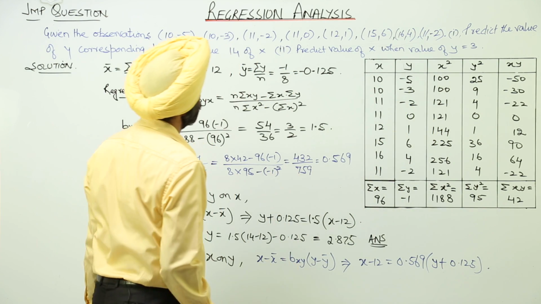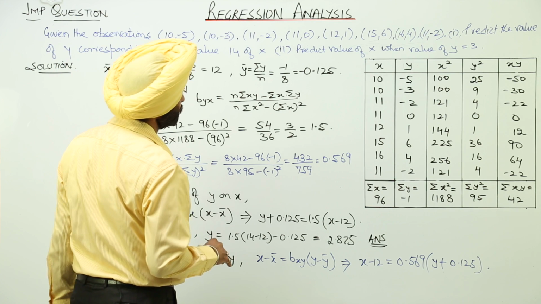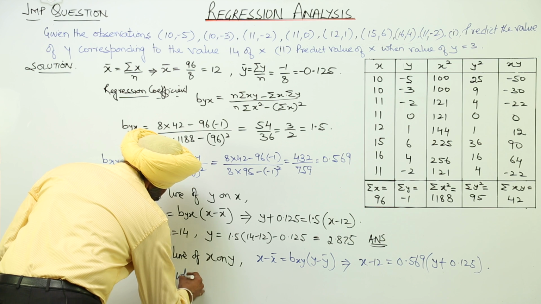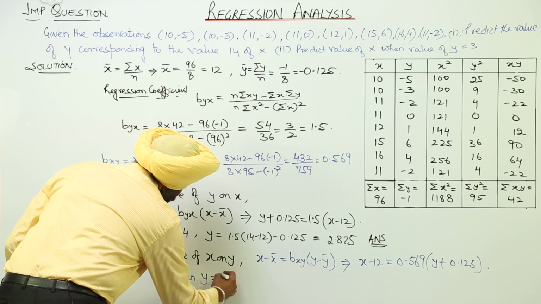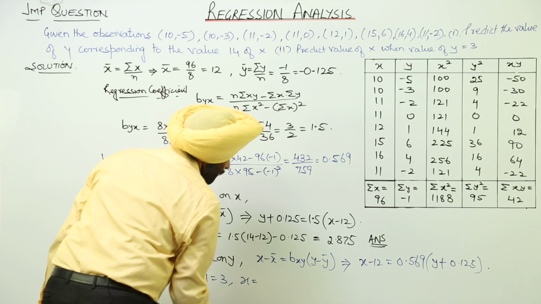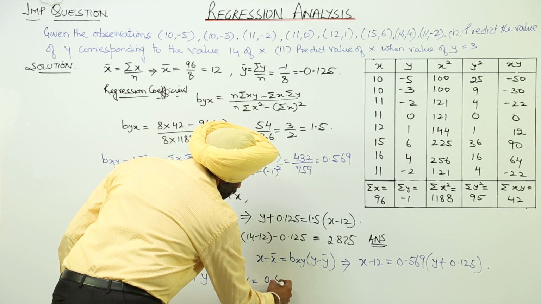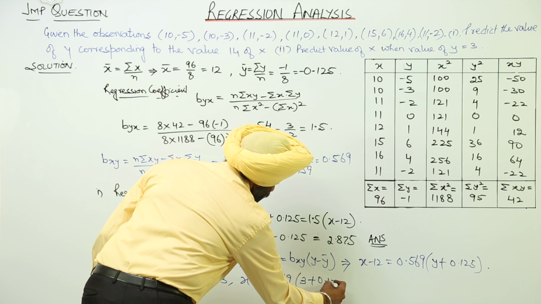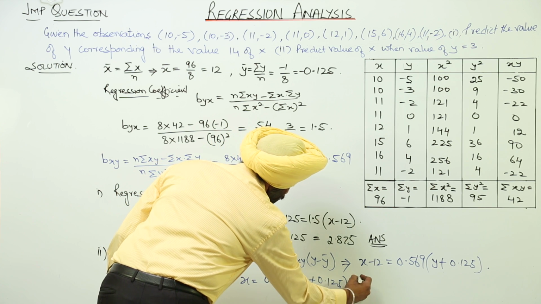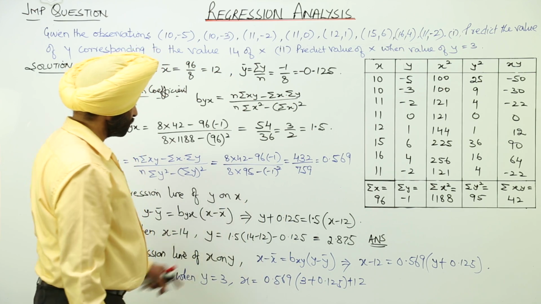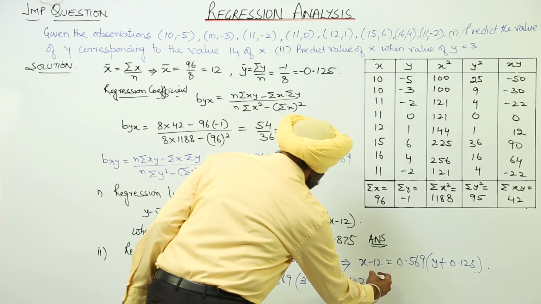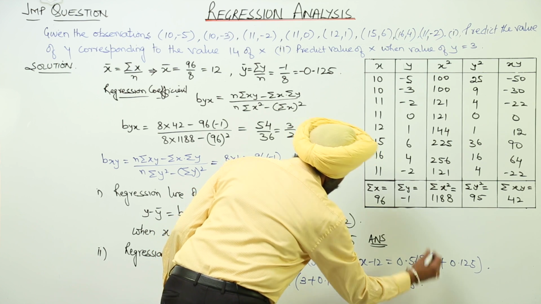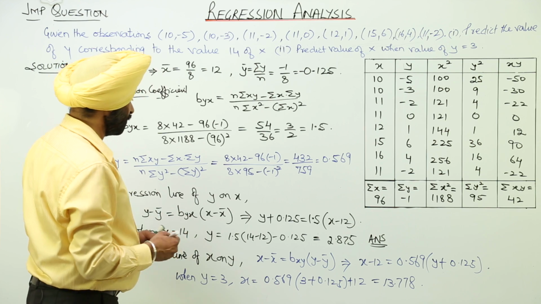Now here we want to find the value of x when value of y is 3. When y is equal to 3, x is equal to 0.569 times 3 plus 0.125, plus 12. 12 goes to that side, plus 12. So this becomes 13.778.